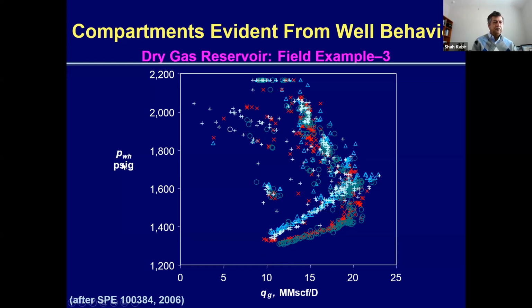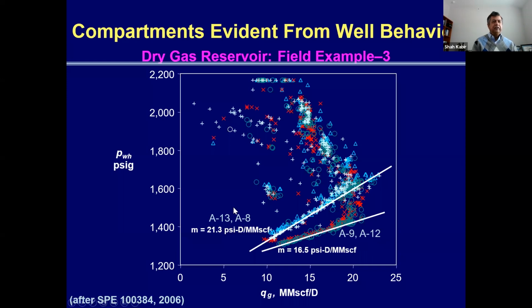When you do the PQ plot, we generate this, so this is the slope of the line. So we can say with confidence that these two are in a separate compartment and these two are. This one has more in-place volume because it has a slow depletion rate as opposed to this one.